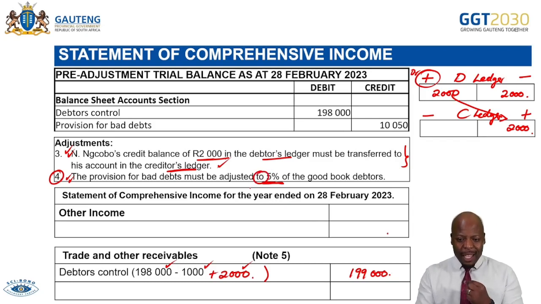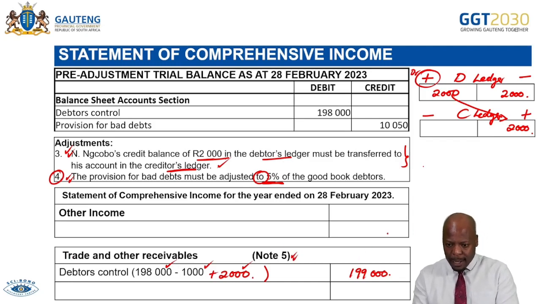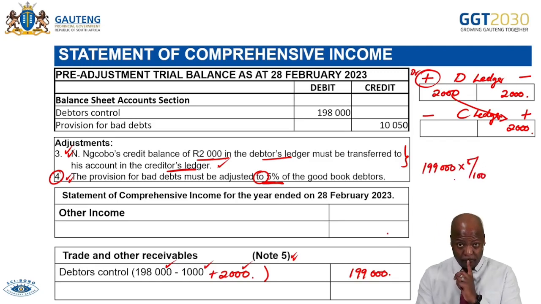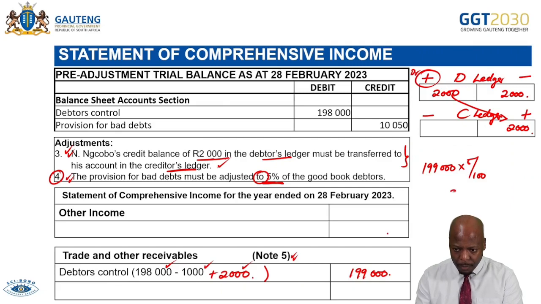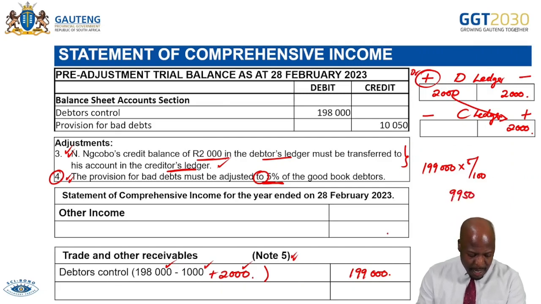Yes, so once I get the 2, I know this comes into my note number 5. So I'll take my 199,000 here, then I multiply that by 5%. You still with me? Okay, how much do you get if you multiply that by your 5%? You get 9,950.